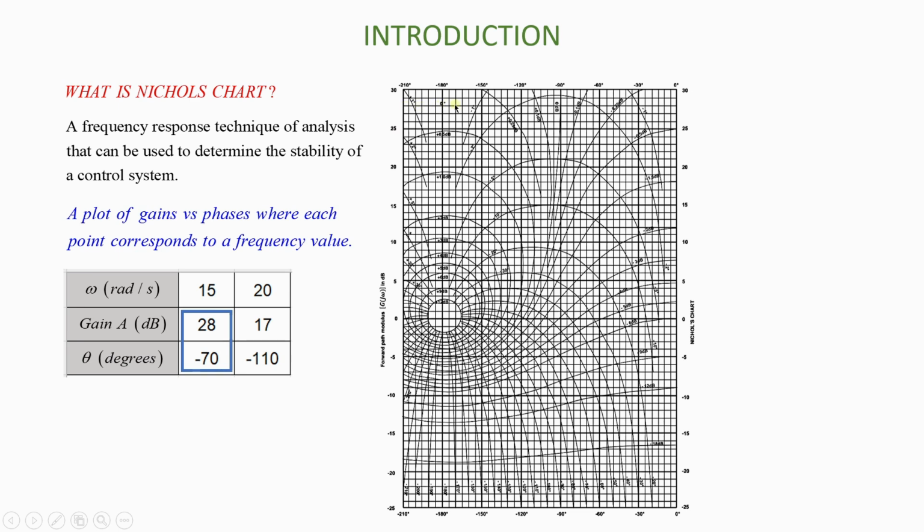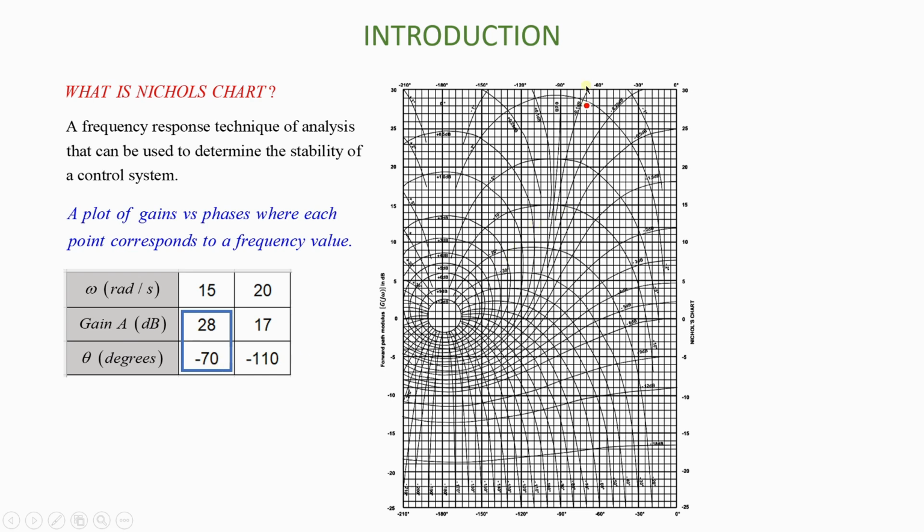So we need to go and meet that minus 70 degree line, which is somewhere here. If you come from 28, you meet the minus 70, you are at this point over there. And so we can plot that point and you will see there it is. This is the point that corresponds to a magnitude of 28 and a phase of minus 70 degrees.